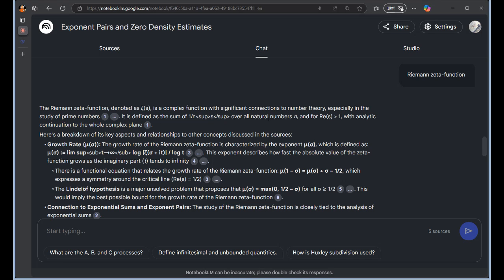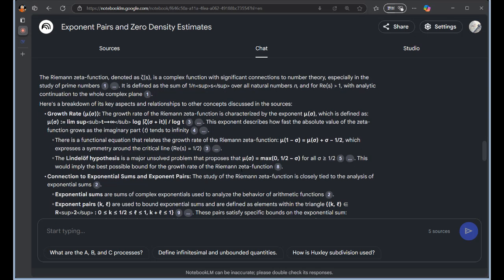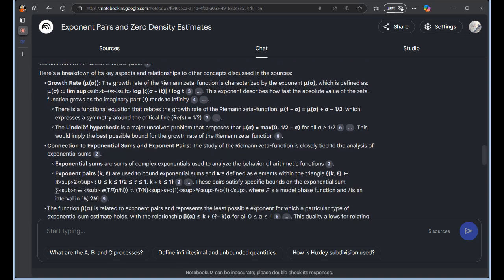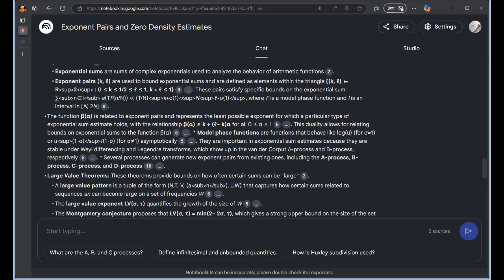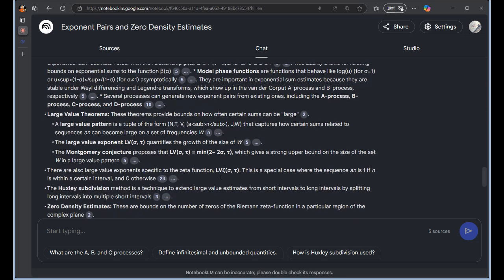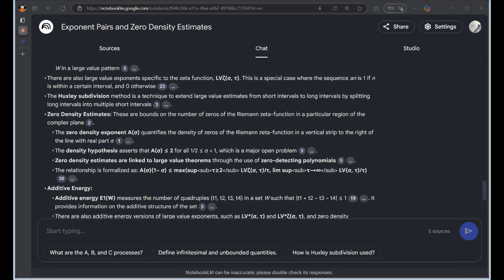So it's like a population density map, but for the zeros of the zeta function. Exactly. And just like understanding population density helps us understand things like resource allocation and urban planning, understanding zero density helps us understand fundamental properties of the Riemann zeta function, and ultimately the distribution of prime numbers. Okay, I'm starting to see how it all fits together.